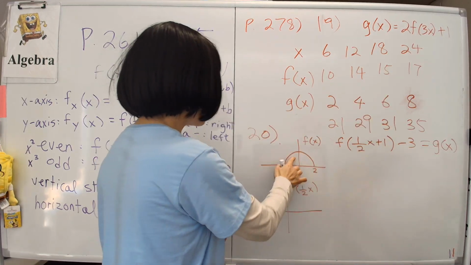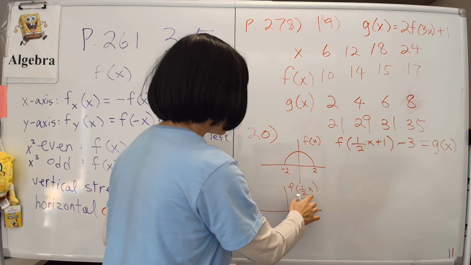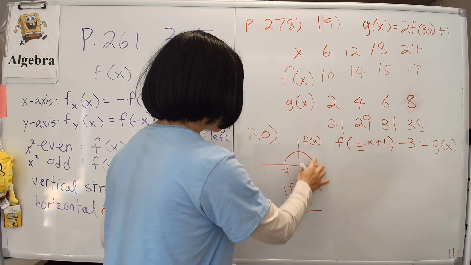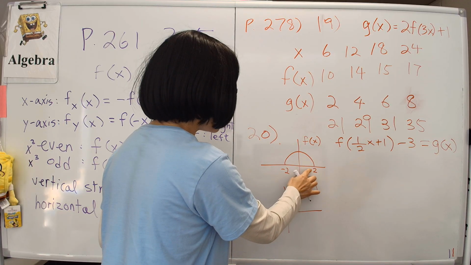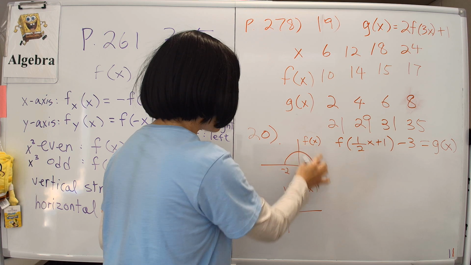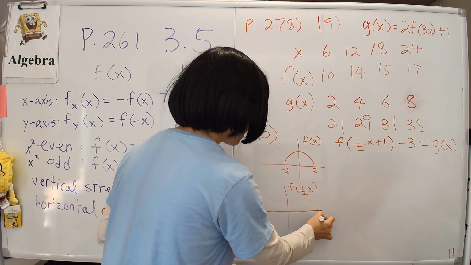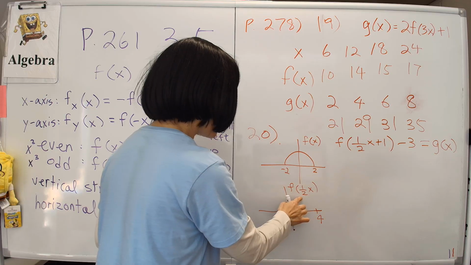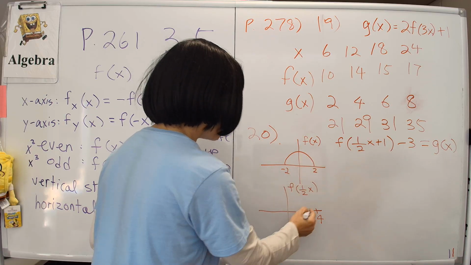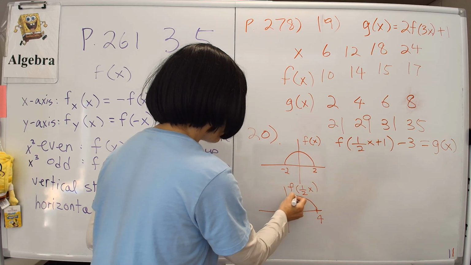So transforming this to 1/2 x means that when x is 2, f of x is 0. So for that to happen, x has to be 4, so then it becomes 2, and then it becomes 0. So this graph is stretched.